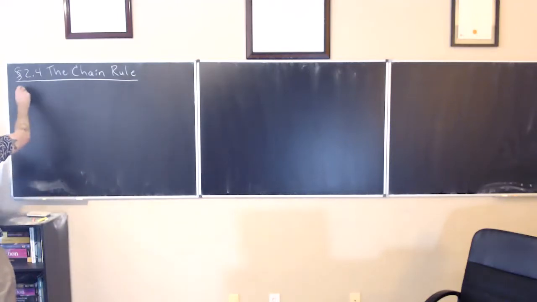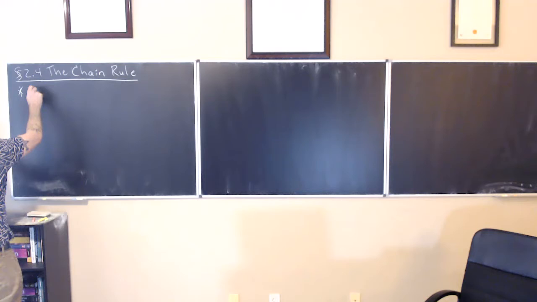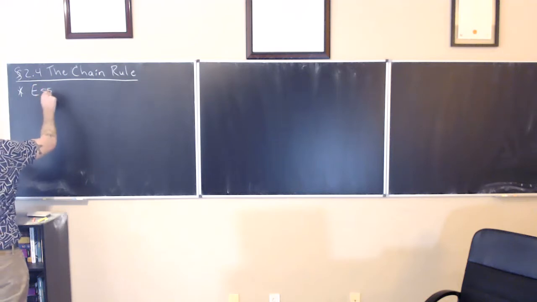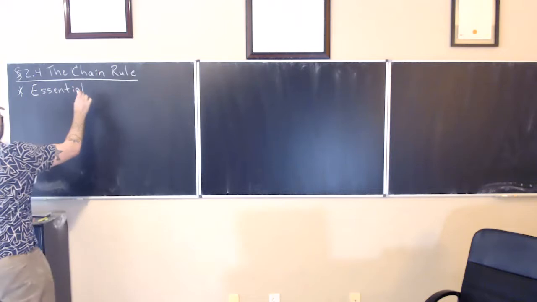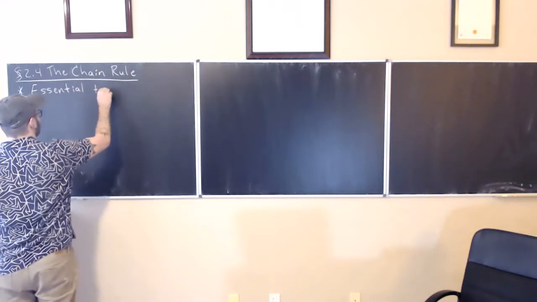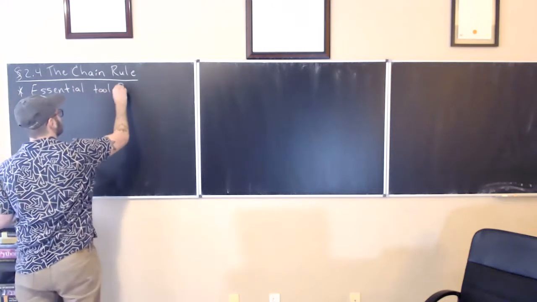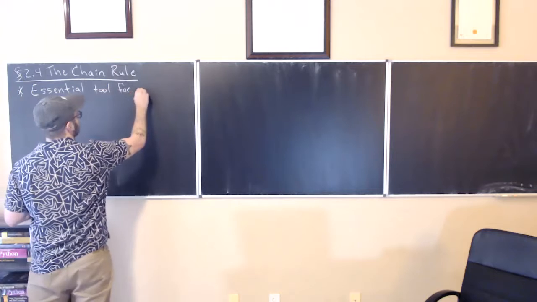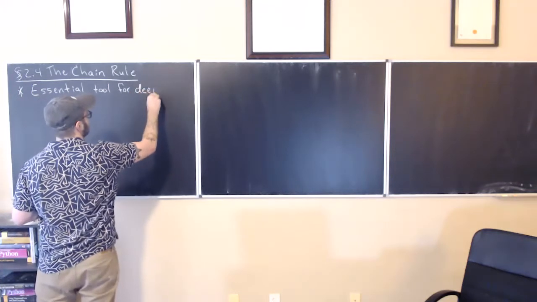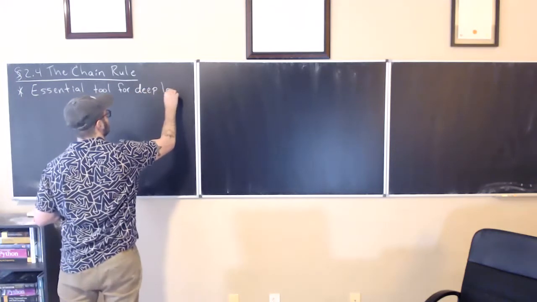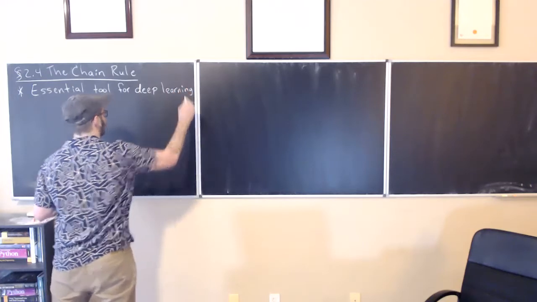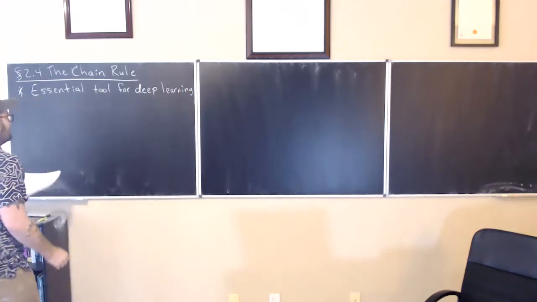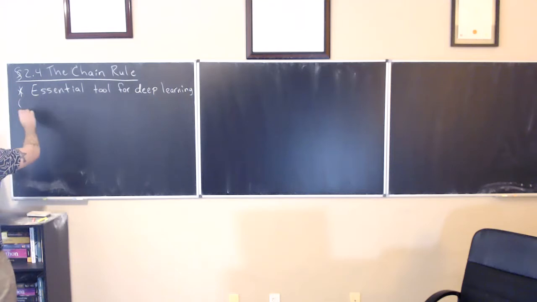The chain rule is an essential tool for deep learning. In particular, this thing called the back propagation algorithm.